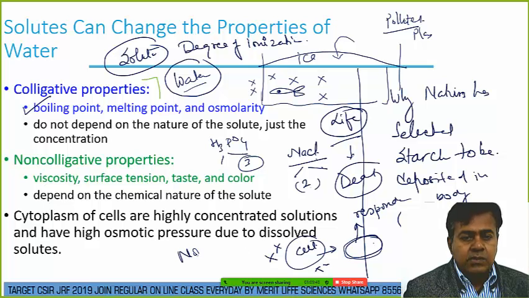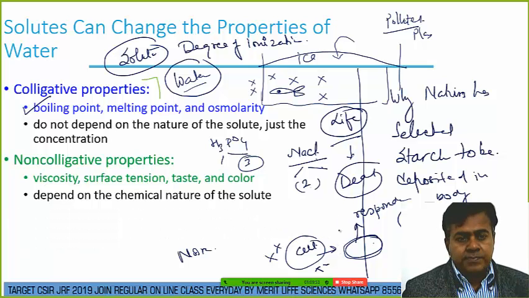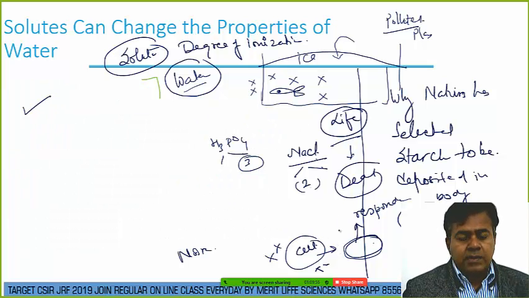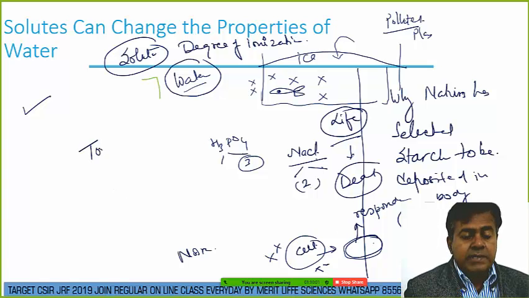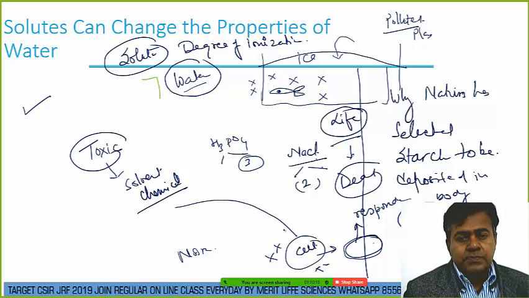And sometimes what are the factors that make them dead? Tell me. Sometimes what we take as a solute becomes toxic. Why is this toxic? Actually they are not toxic. Rather, they are such a solvent, such a chemical, which is going to suck all the water from the cells. That's why we are using the term toxic.